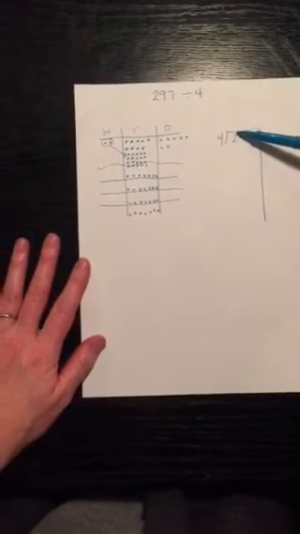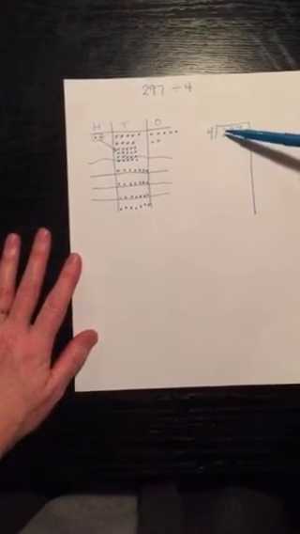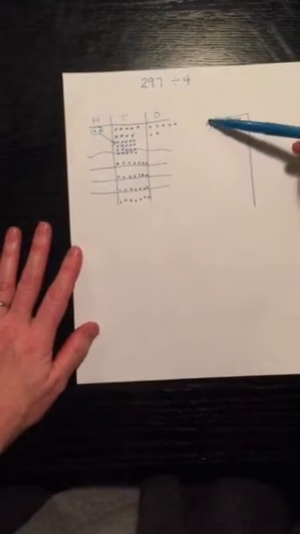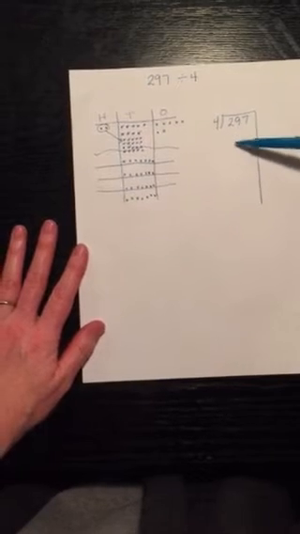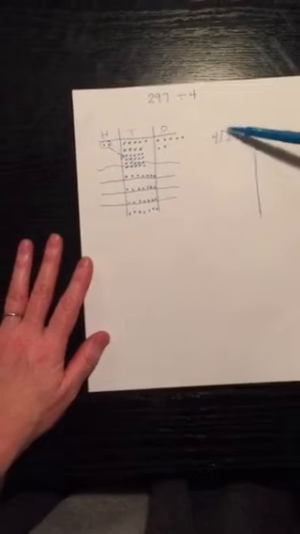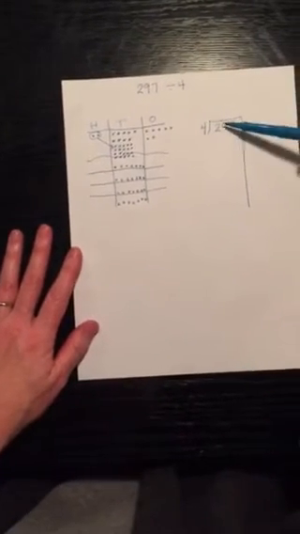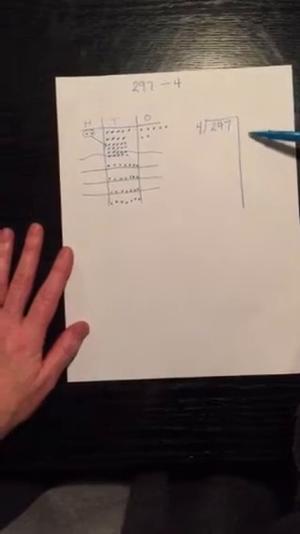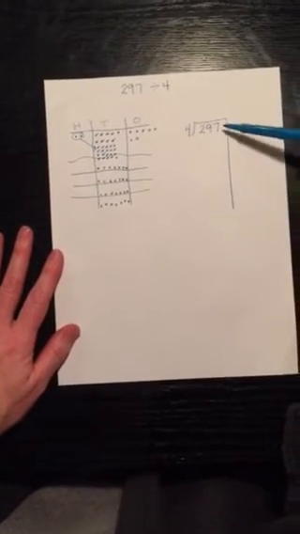So I'm looking at the 2 in the hundreds place, and I'm realizing that even if I multiply 4 times 100, that's still going to be too large, and that I won't be able to subtract 400 from 297. So I'm not going to start with a multiple of 100. I'm going to have to start with a multiple of 10.